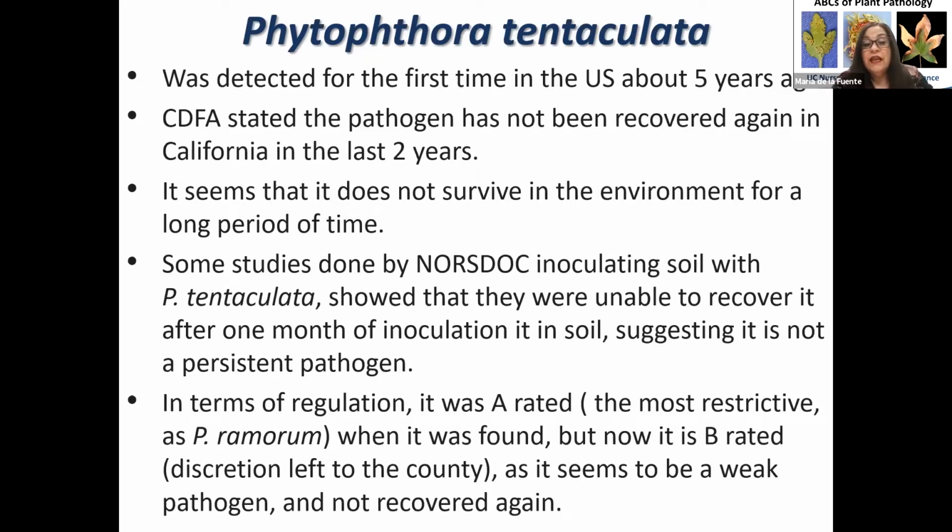So in terms of regulation, Tentaculata was rated A, which is the most restrictive quarantine type, just as ramorum. And now it's a B rating, so it's at the discretion of the county where you live. So make sure that you contact your commissioner to know what specific measures you're required to take if you have a plant that might be a host for Tentaculata.